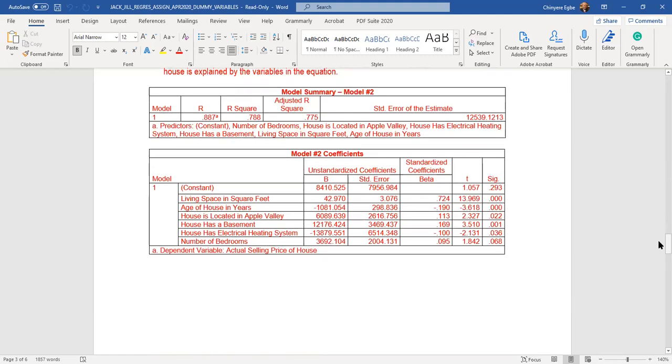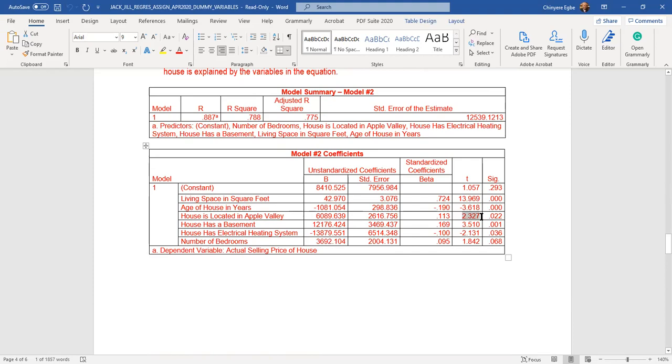If you're using model number two, Apple is 6089 and the t-value is 2.32. So essentially you test this hypothesis. Remember, you choose your own critical value.